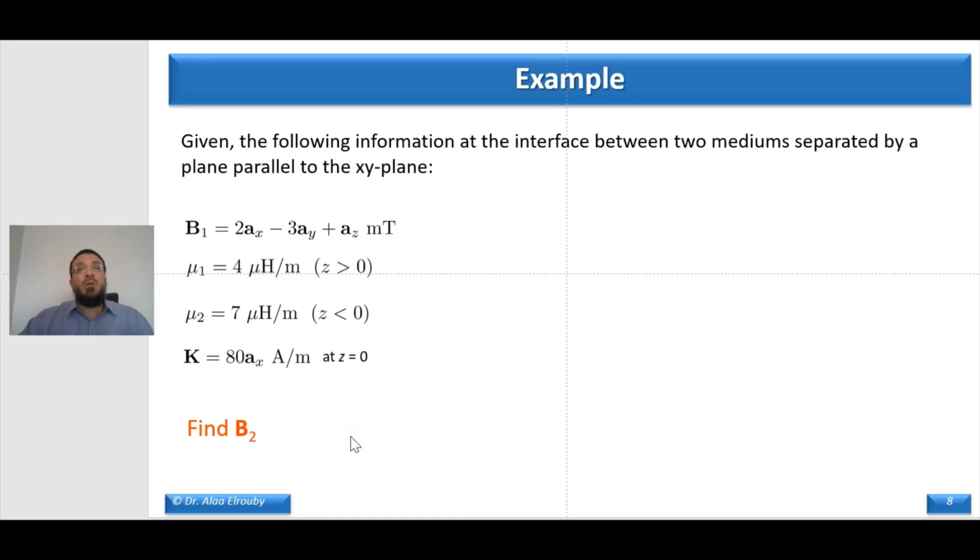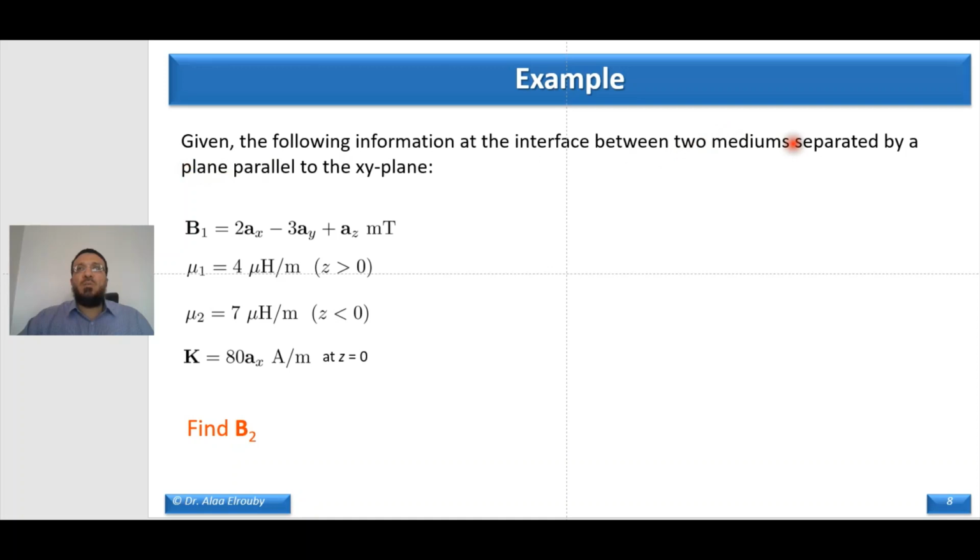Again, for this example, I would like you to pause this video and try solving it yourself. The steps should be clear in your mind. We need to write the boundary conditions: one related to the tangential component, one related to the normal component. We need to first define what is normal and what is tangential.